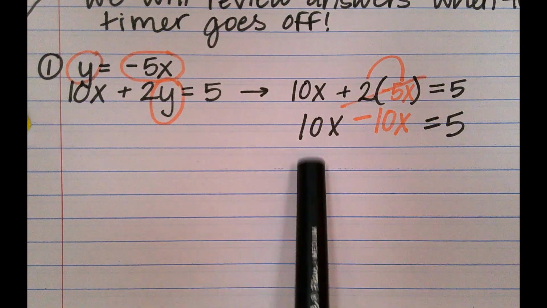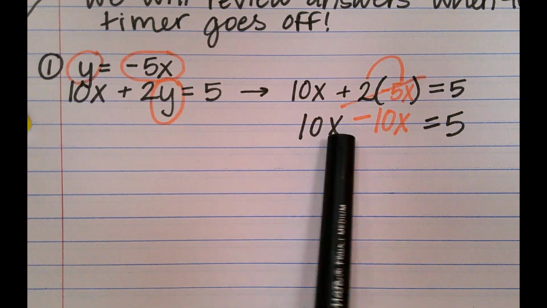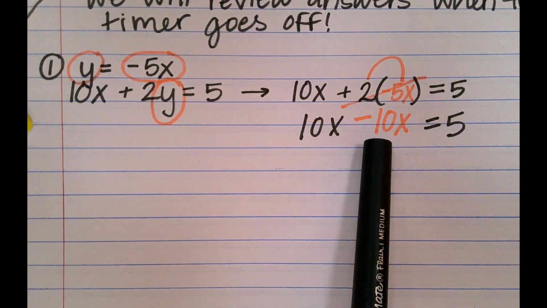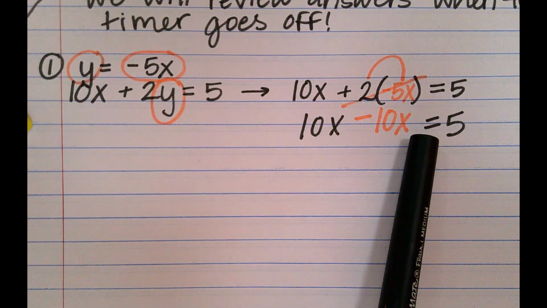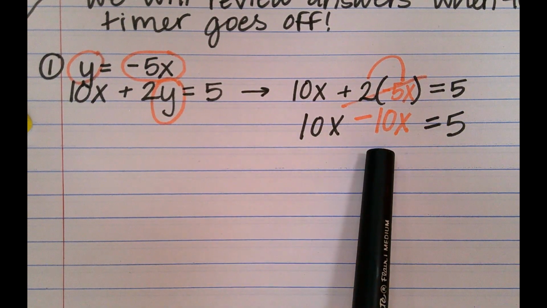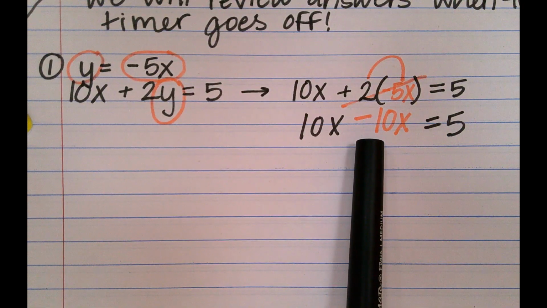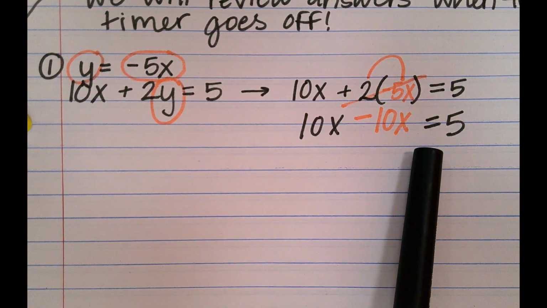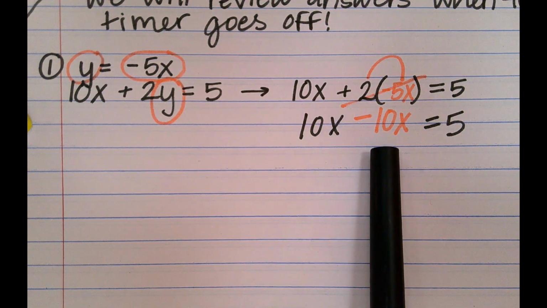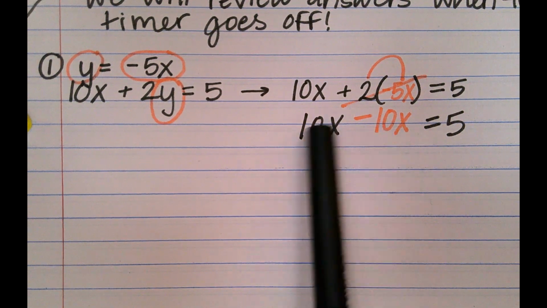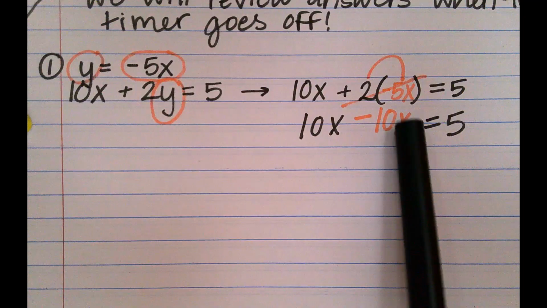Let's see what happens. First of all, I have 10 x's right here, and I'm taking away 10 x's. So 10x minus 10x. That's 0. 10 minus 10 is 0, right? So I have 0x, really. Is anybody uncomfortable with that or not sure why that gives us 0x?